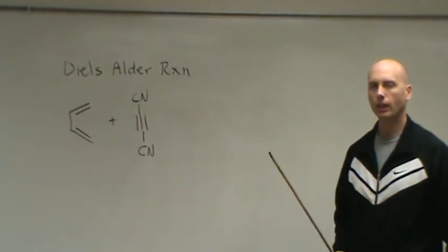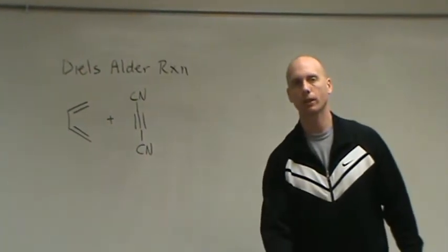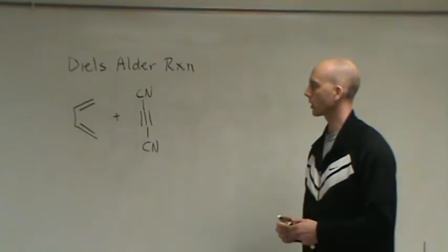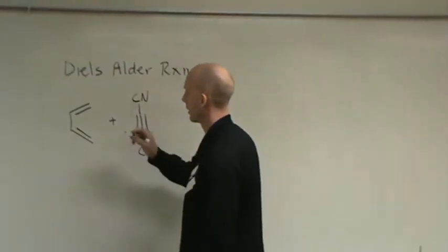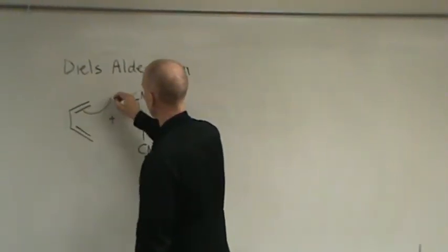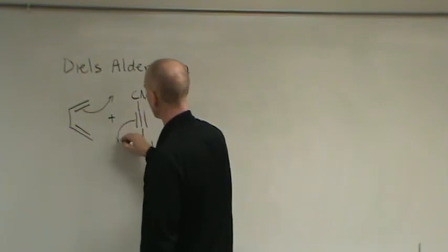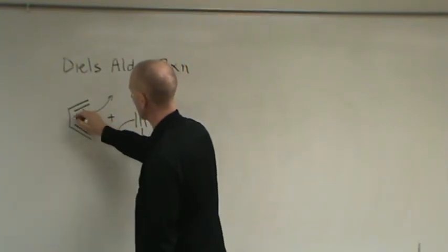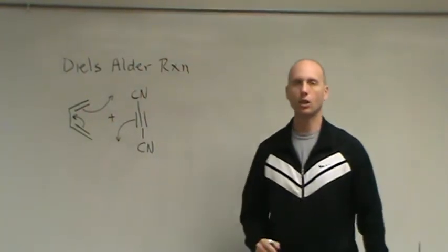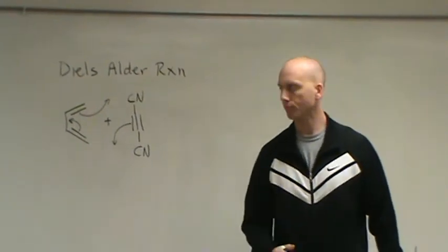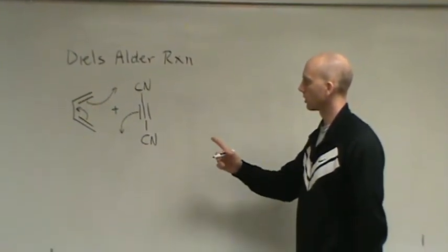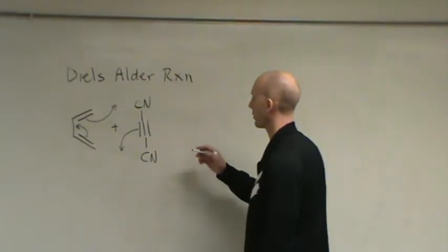Okay? So how do we tackle something like this? Well, we do it the exact same way that the pi electrons move, so that it's like a dog chasing its tail. So let's draw the result of this one.